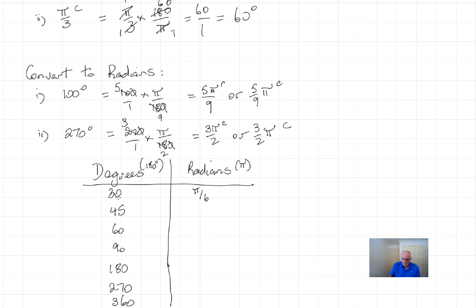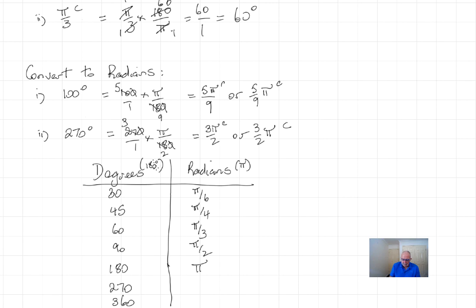So we can use that. 45 is a quarter of 180, so this will be pi over 4. 60 is 1/3 of 180, so this is pi over 3, or 1/3 of pi. 90 is half, so it'll be a half of pi. Another way to write half of pi is pi on 2. 180 is just pi. That is the basis on which we used to do the conversions.